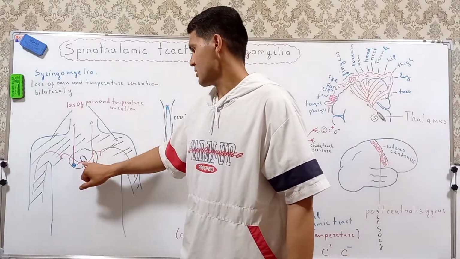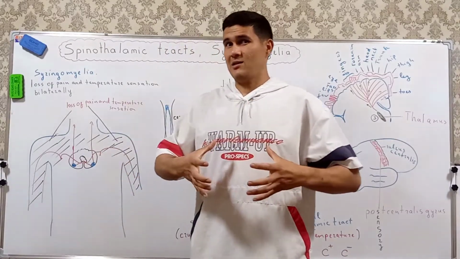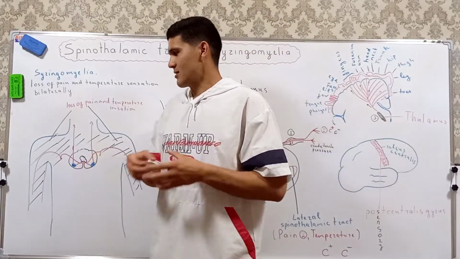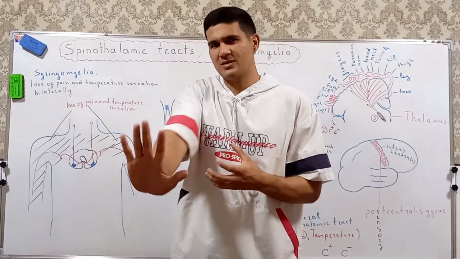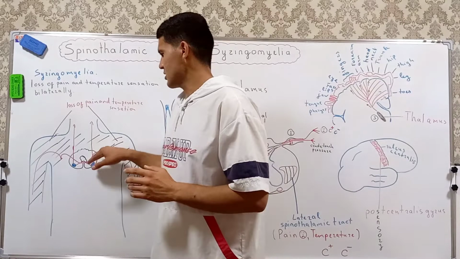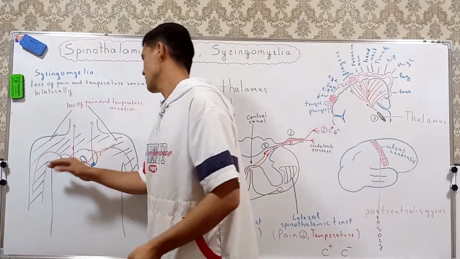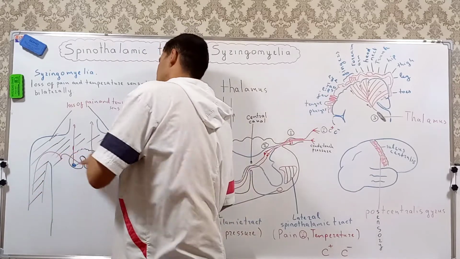The anterior commissure is most susceptible when the central canal is enlarged. When the central canal enlarges, it can compress the anterior commissure and stop the conduction of pain and temperature impulses from right to left and left to right.